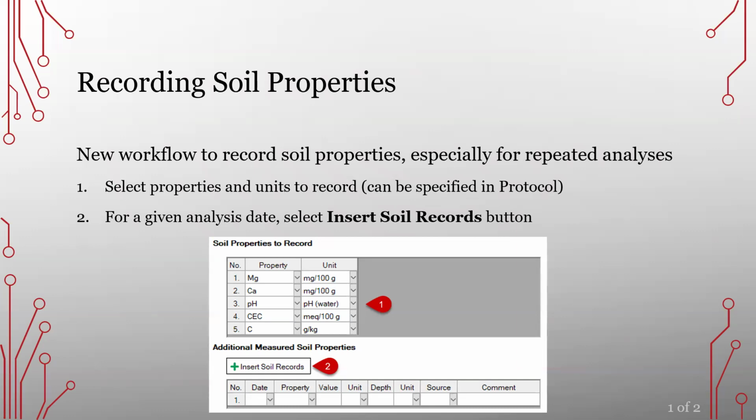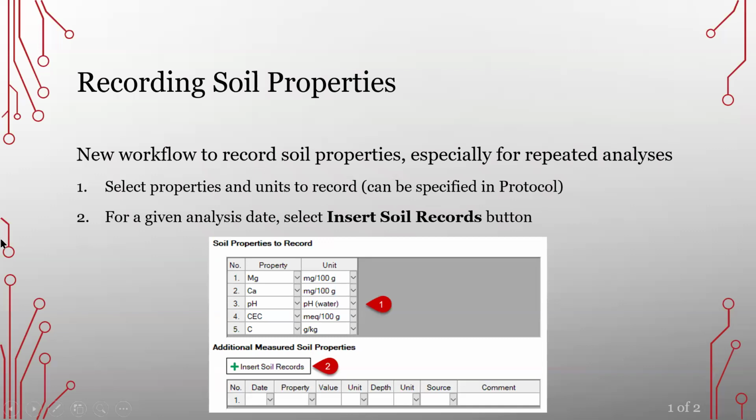You can basically queue up the properties and the respective units that will be part of that sample. Or maybe, if you're in the protocol, it's providing the list that should be recorded, whether it's instructions or actually in the trial, what you'll get in each of those analyses that are run.